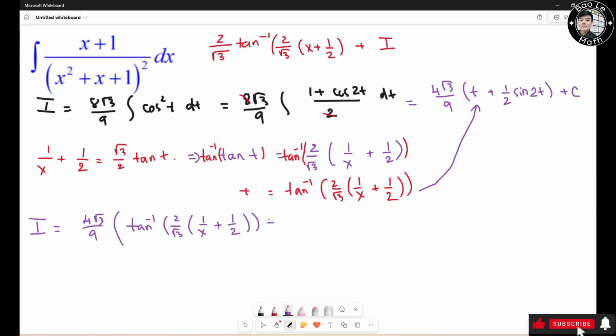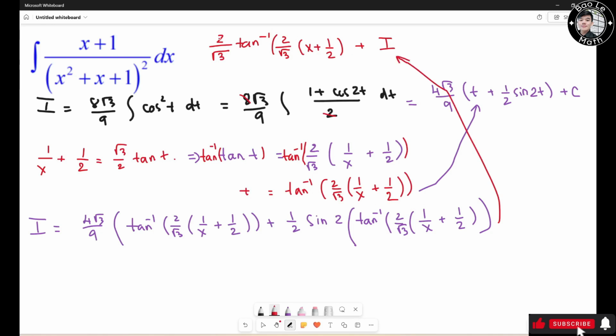And then plus 1/2 sine of 2 parentheses, and you copy this one down, so it could be tangent inverse of 2 over root 3 of 1 over s plus 1/2. Alright, so this is the answer for I. Now we bring this over here, and then we have the final answer. It's going to be this and this right here.